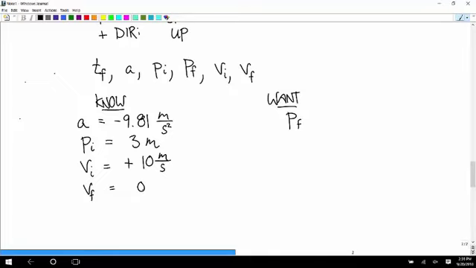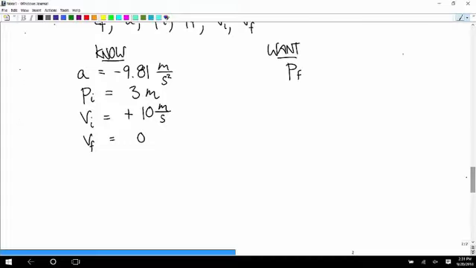Is there one of these equations that works with these? I think the one that works is 2a times the quantity PF minus PI is equal to VF squared minus V initial squared.